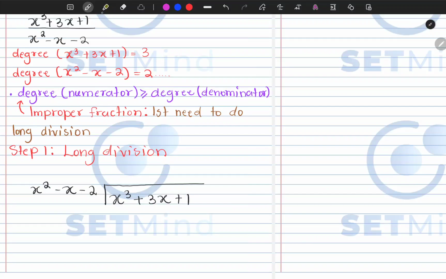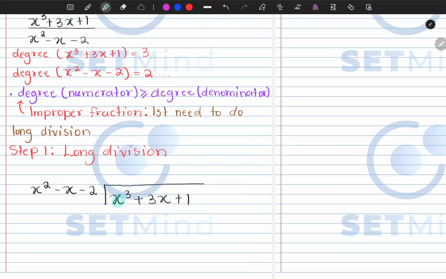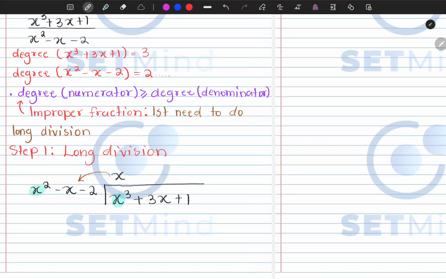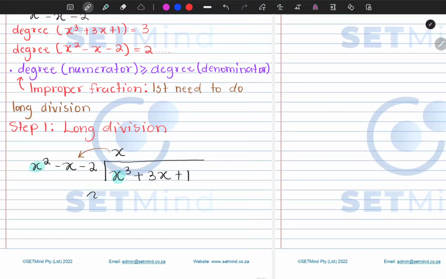Okay, so let's go ahead with the division. We are first going to take x cubed and divide there. If we have x cubed over x squared, what you get is x. Then you take the x and multiply by it there, and what you will get will be minus, you'll have x cubed minus x squared, and then minus 2.